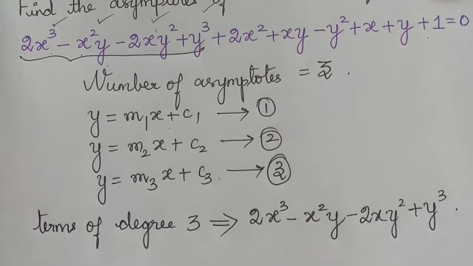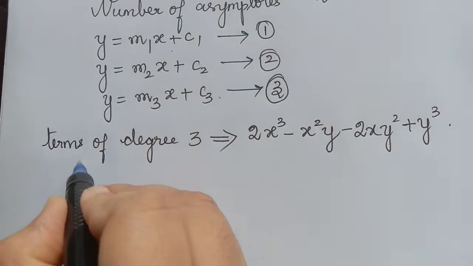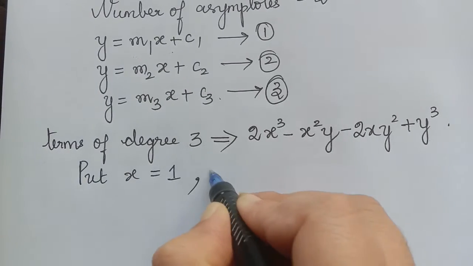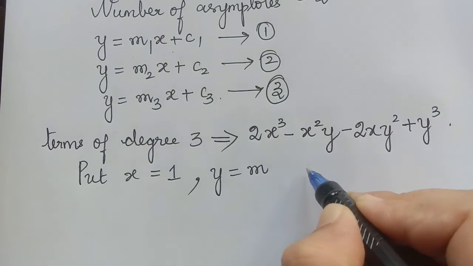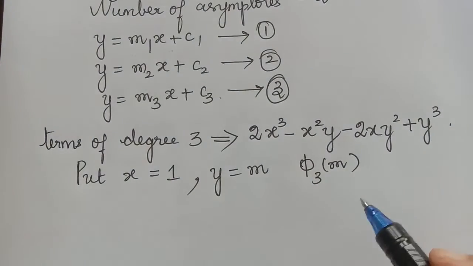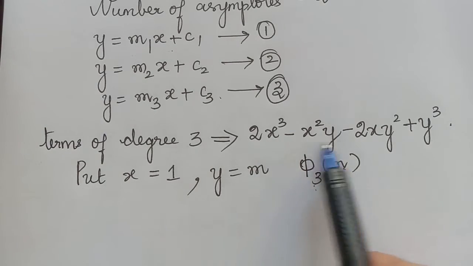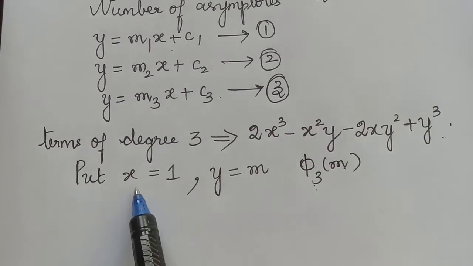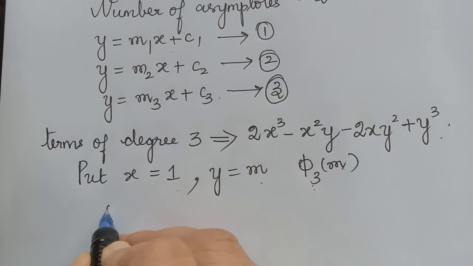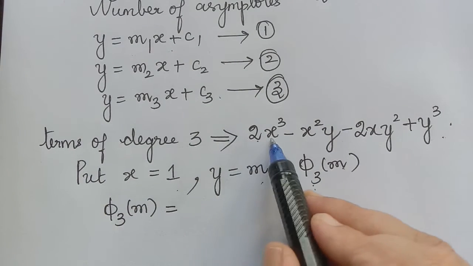Now after writing, in these terms we have to put x is equal to 1 and y is equal to m to obtain phi 3 of m. Now what is this phi 3 of m? Phi 3 of m is, in these third degree terms, we have to replace x equal to 1 and y equal to m.